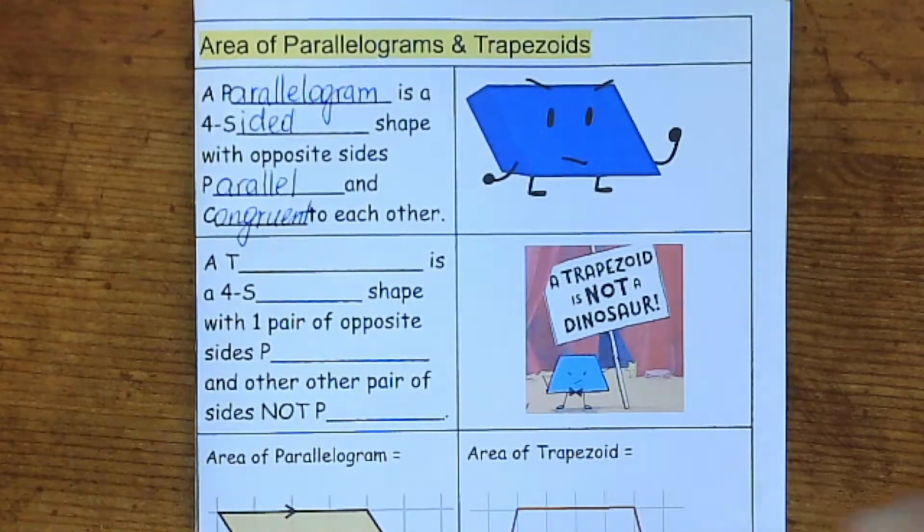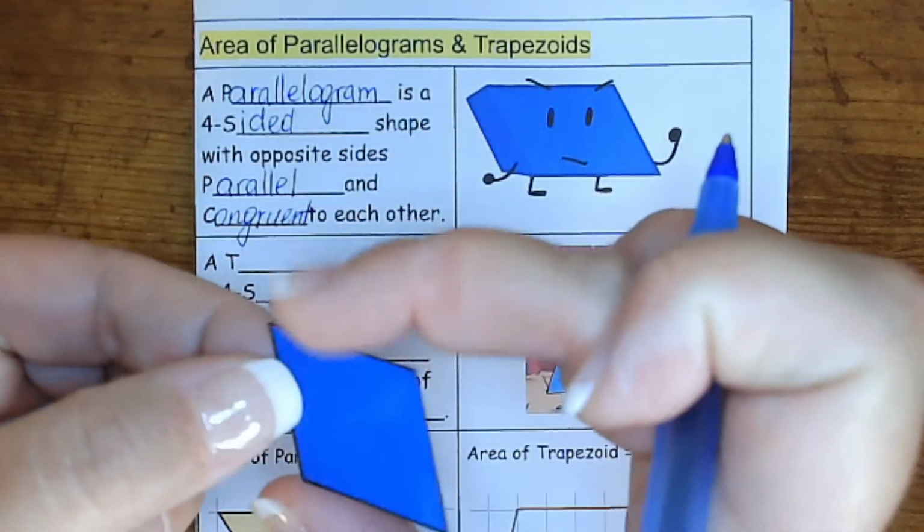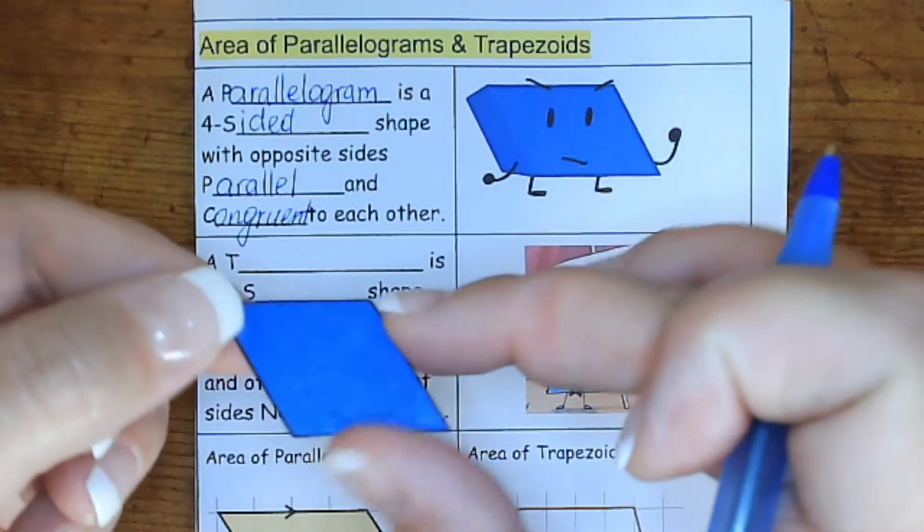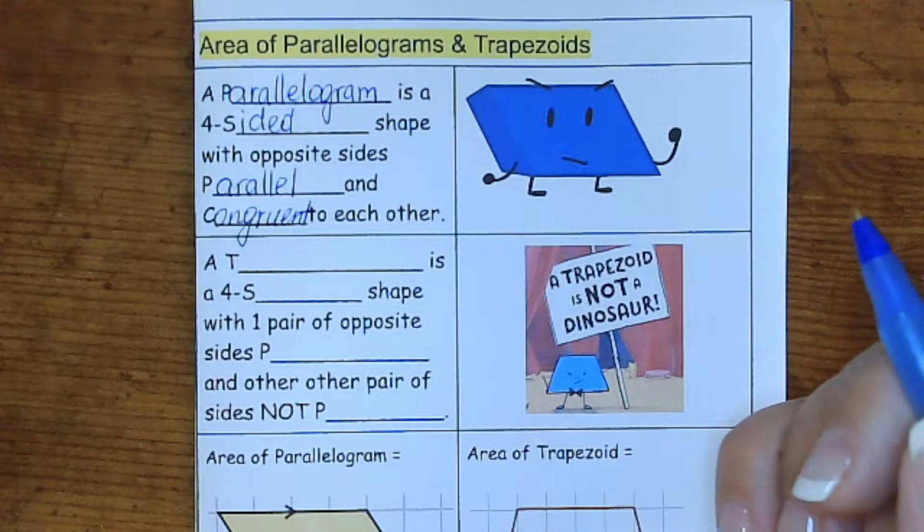So in a parallelogram, the opposite sides are parallel to each other and congruent to each other. It makes it a parallelogram.